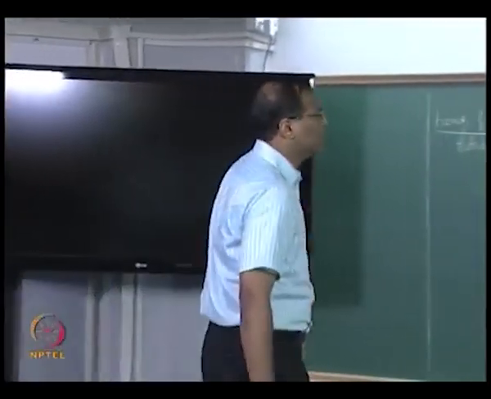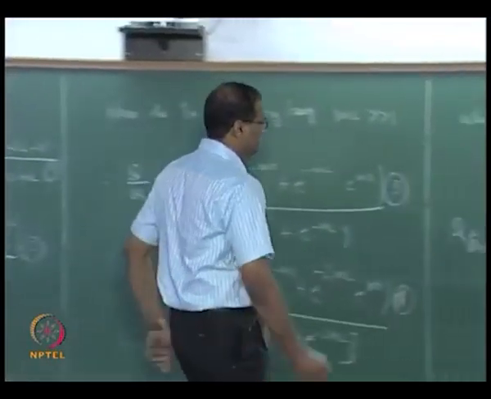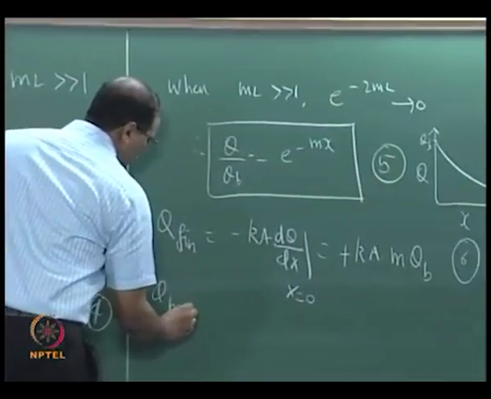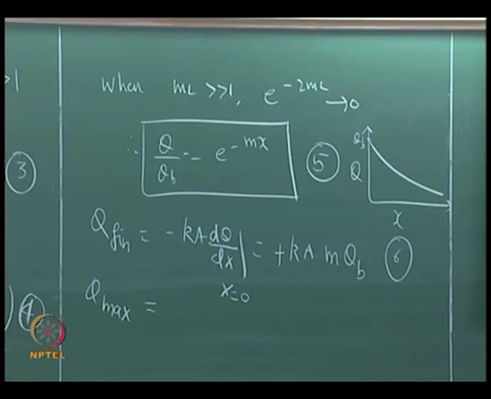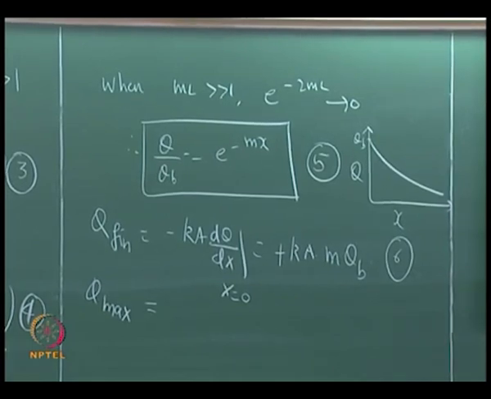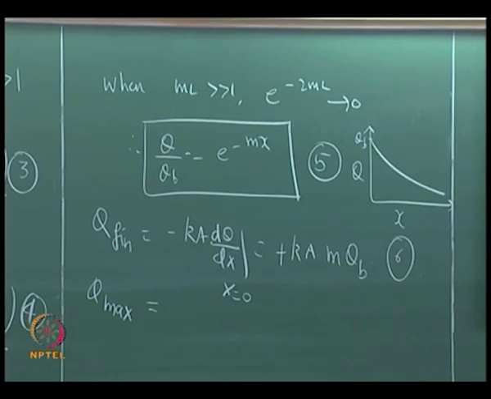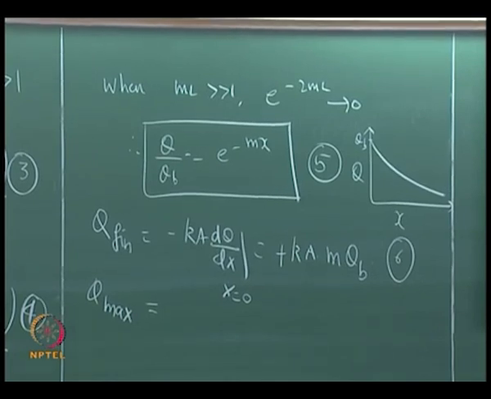What is the Q max? The maximum heat transfer possible. The maximum heat transfer from the fin happens when the whole fin is at the base temperature, that is T equal to Tb throughout or theta equal to theta b throughout. Please remember theta is the temperature excess, T minus T infinity.